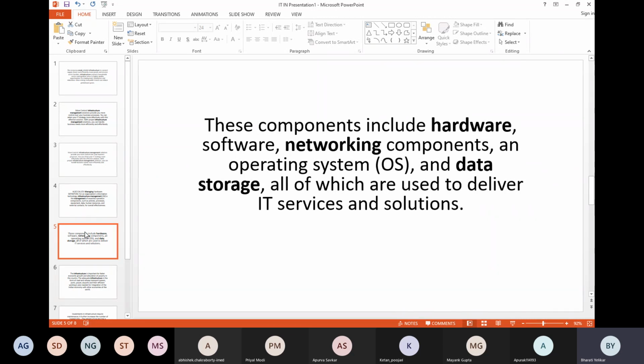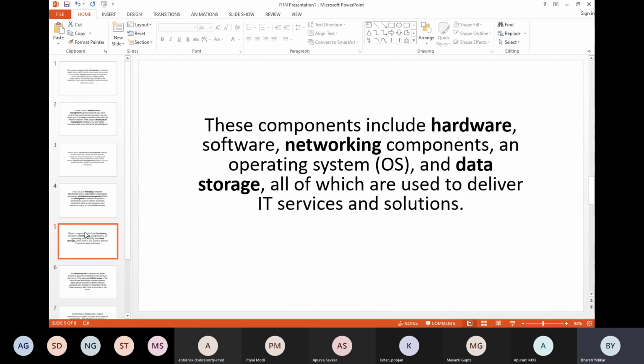Then for networking, which are the networking hardware devices? Switches, routers, all these hardware are needed. And to process your data you require programs, so software is needed.